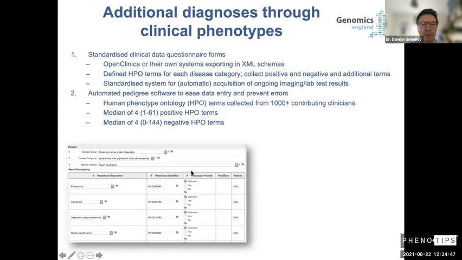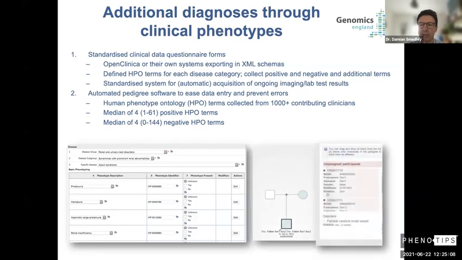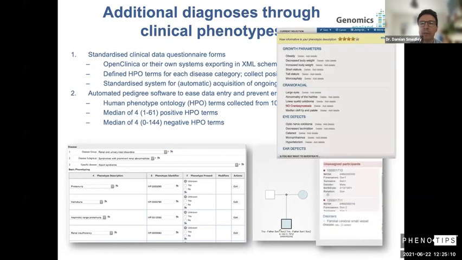Essentially a questionnaire was built for each disease category, such as Alport syndrome, where you would ask the clinician for each of the main phenotypes associated with Alport syndrome, did the patient have it? So did they have proteinuria or not? But also the clinicians are allowed to add extra terms. And this was collected at the same time as generating the pedigree for the family. And then there was some feedback on the annotation sufficiency of the terms that were being entered.